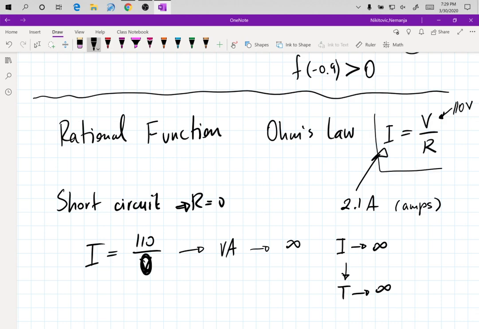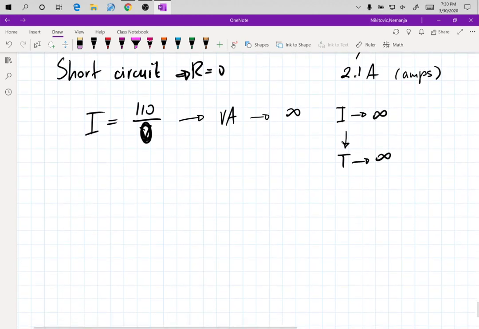So I'm giving you a basic physics formula. You know that your chargers could be 2 amps, and the volts in the wall are 110 and so on. So if your resistance is 0, then you are dividing 110 by 0. Now remember the graph?